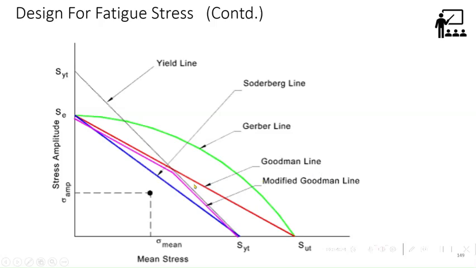So this is a comparison of things. If you have a Soderberg, the point is here, amplitude versus mean is very far, safe off. And there is one more term called the modified Goodman line, because Goodman is using ultimate stress, like SU, in the denominator. But of course here you have a red yield line, which you should not exceed.